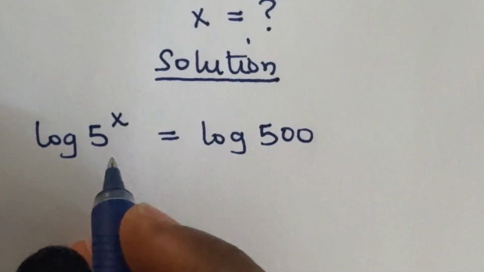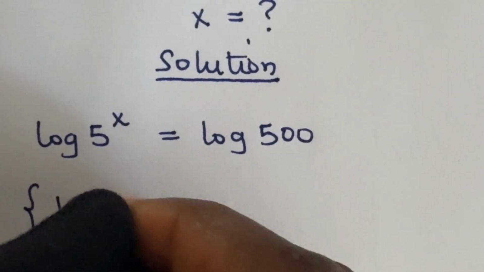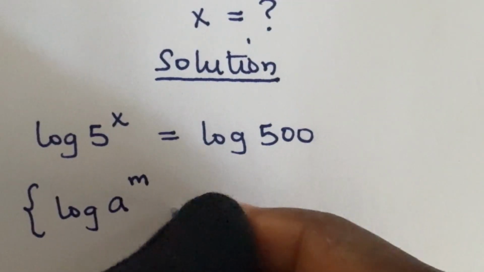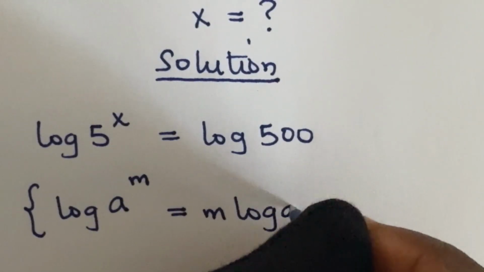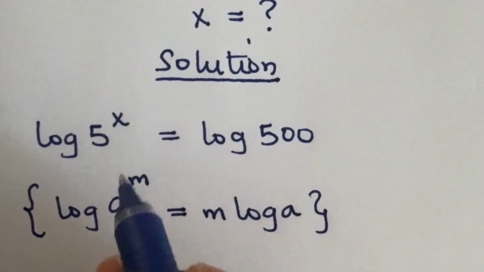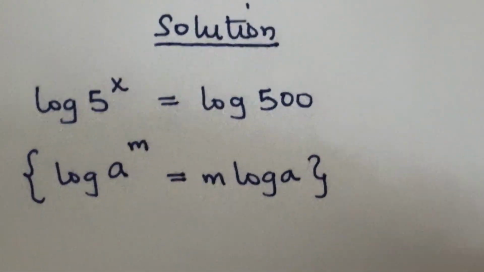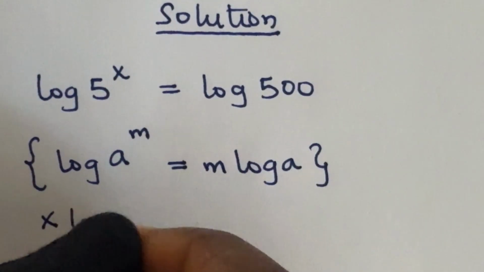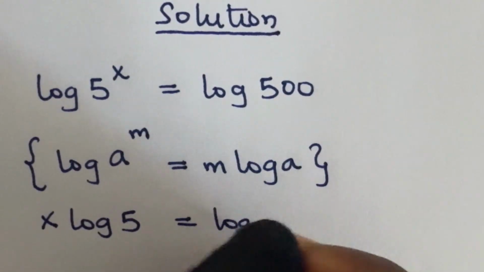The left hand side is of the form log a raised to power m, which is expressed as m log a. Therefore, this becomes x log 5. So I have x log 5 is equal to log 500.